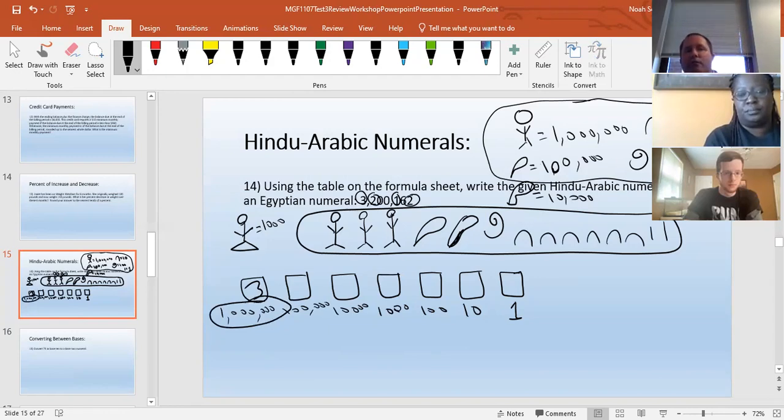And then if there was 2 in the 100,000s place, we need 2 of them with that value. So anybody have any questions there? Okay. All right, let's clear out the drawing like I have to on these.